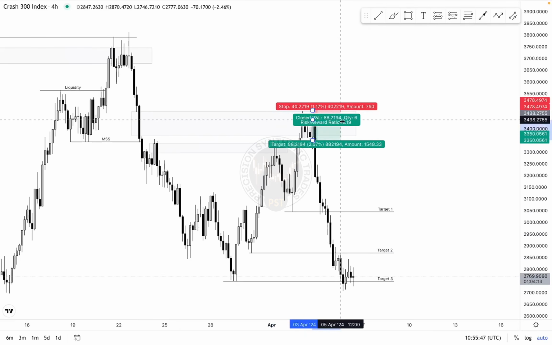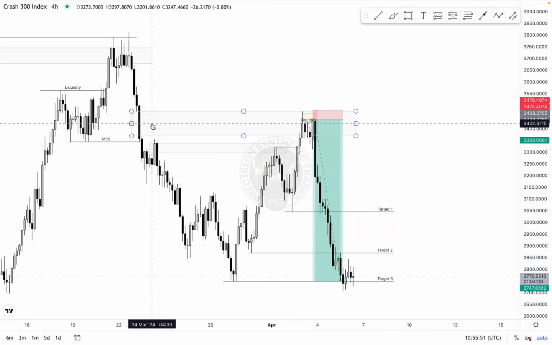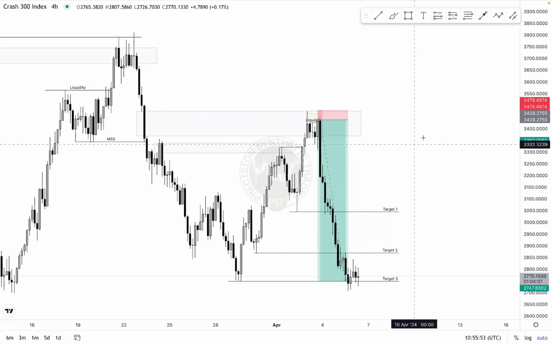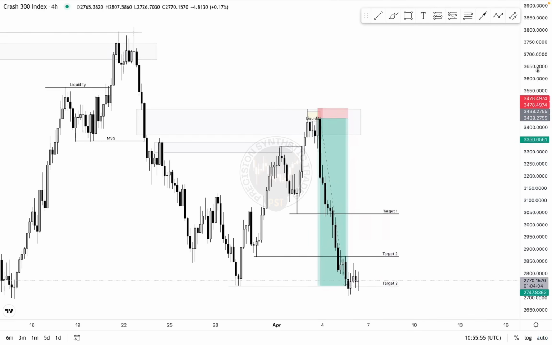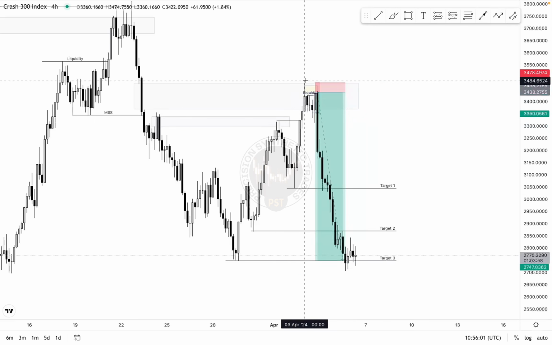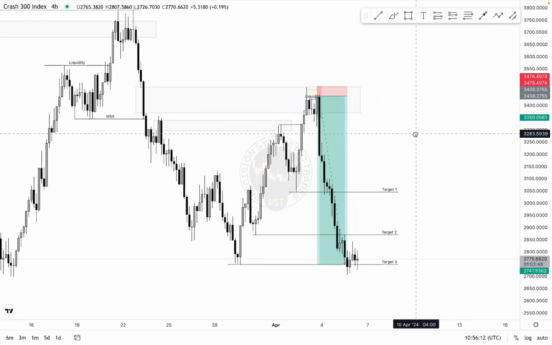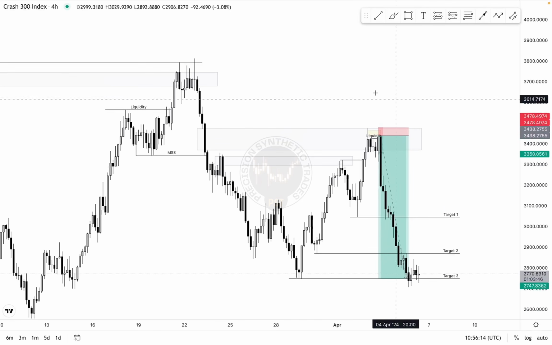So literally, if you entered there, remember, higher time frame POI, then you go down to the lower time frame to find your entries. This is literally a 40 pip stop loss for a 690 pip gain. That's a 17.17 R risk to reward trade by only following market structure.